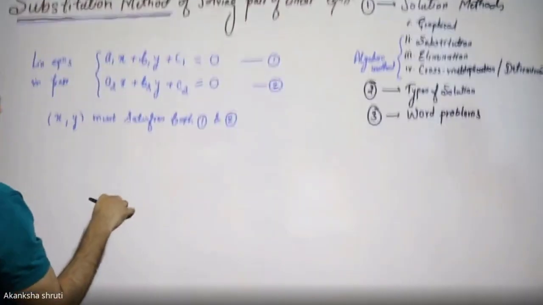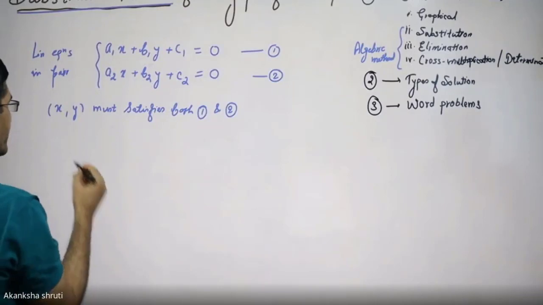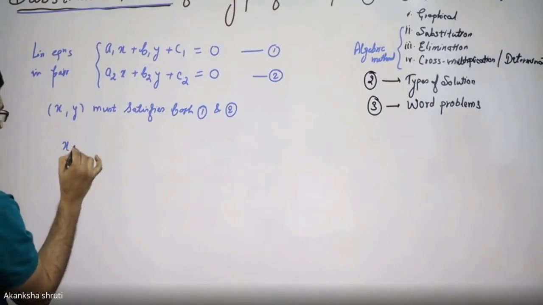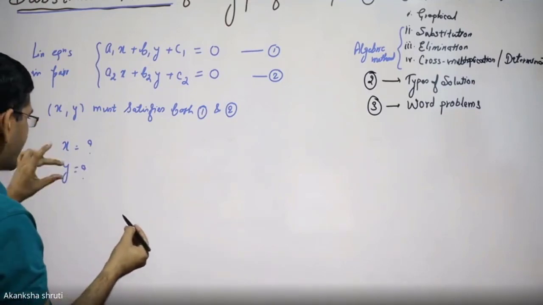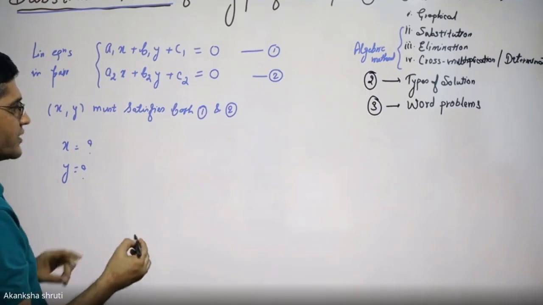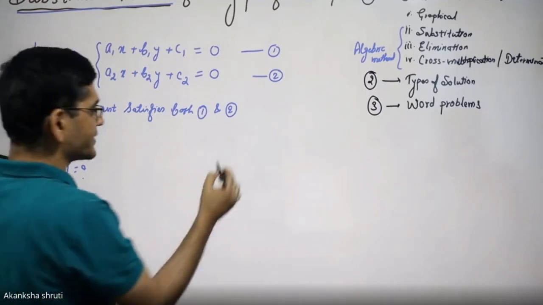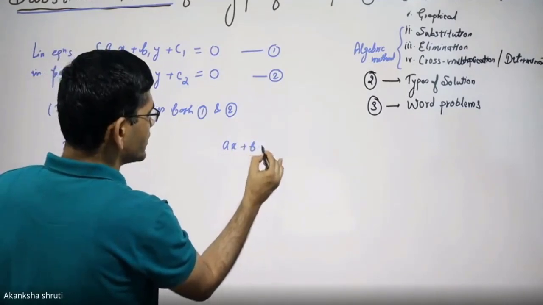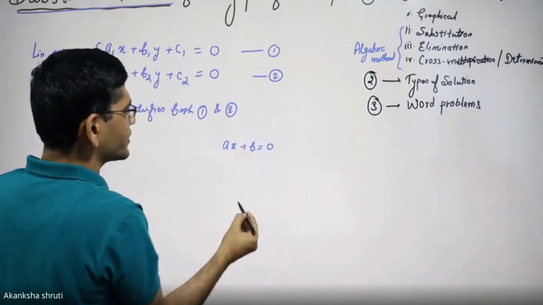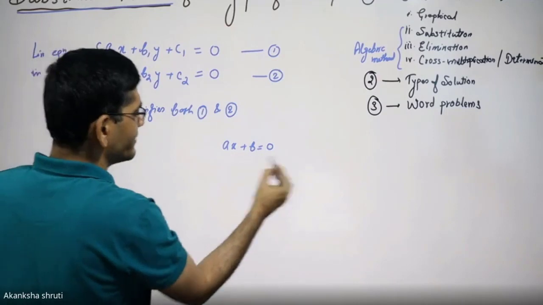Students, see, we have these two equations. What will be x, what will be y? These two are the variables which we have to calculate. Just recall that if we have ax plus b is equal to 0, this is a linear equation in one variable.